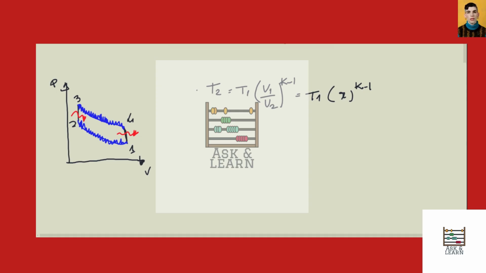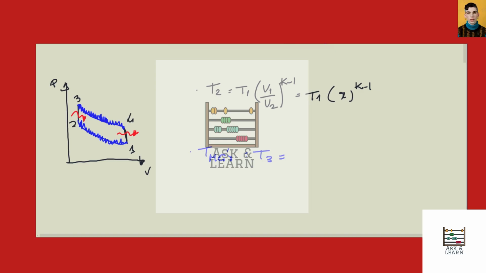Okay, so this is T2, but the maximum pressure of the Otto cycle happens at the temperature 3. We always must remember this. Therefore, the maximum pressure in the Otto cycle is at the temperature 3, which is separated by a transformation with constant volume between the point 2 and the point 3.